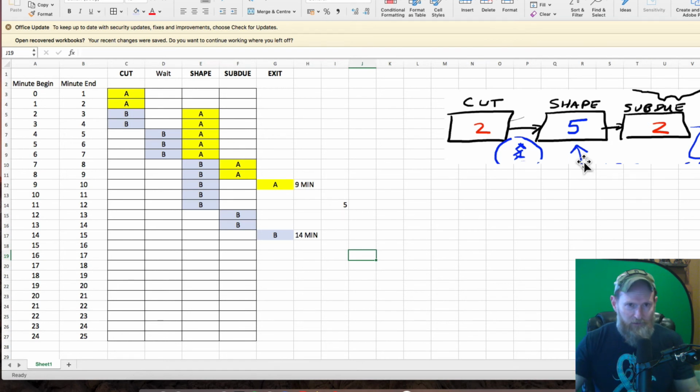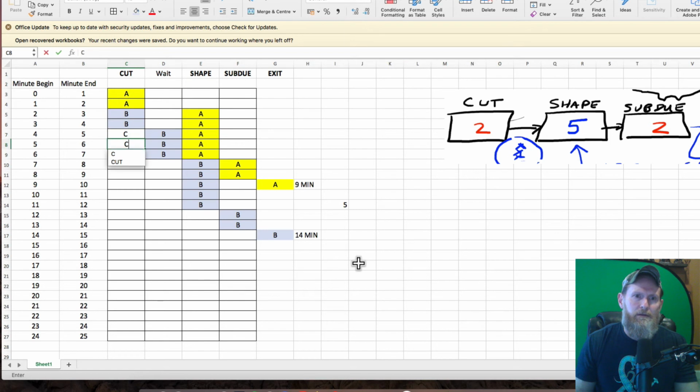Let's take a look at C if we continue with this pattern. So C enters the system, and then it too has to wait. Now, it doesn't have to wait just because B is there.